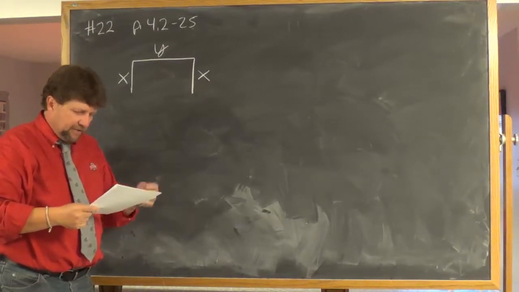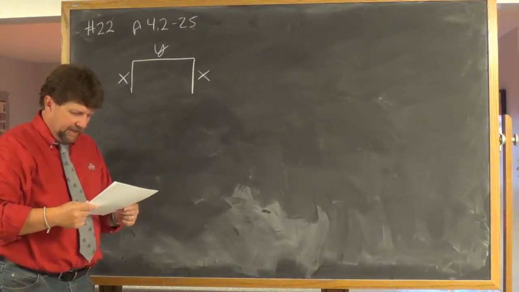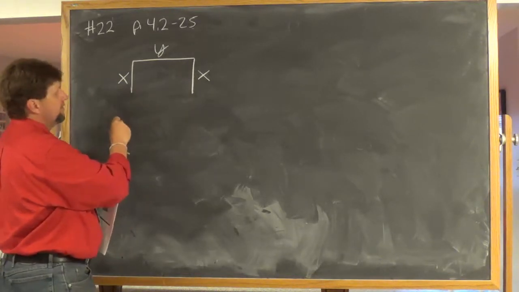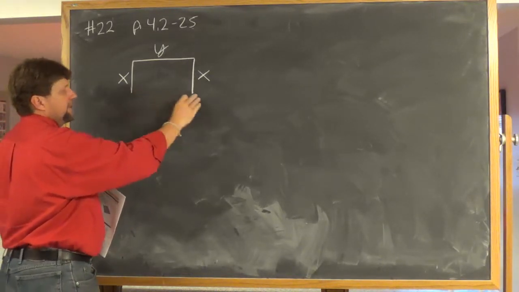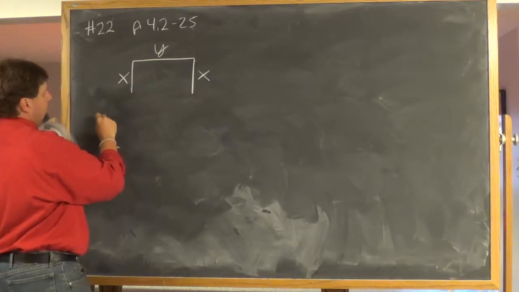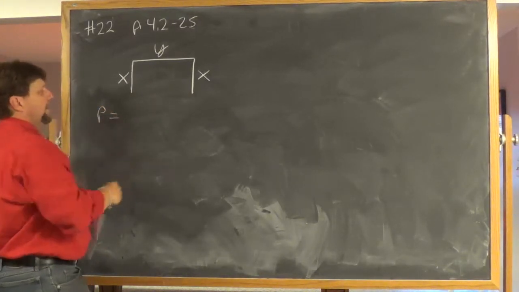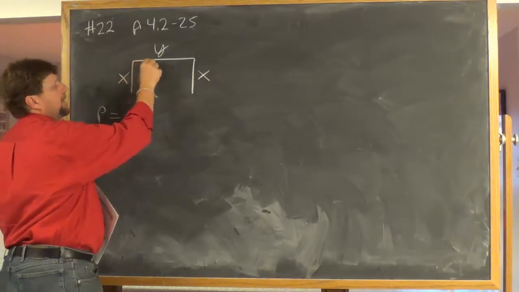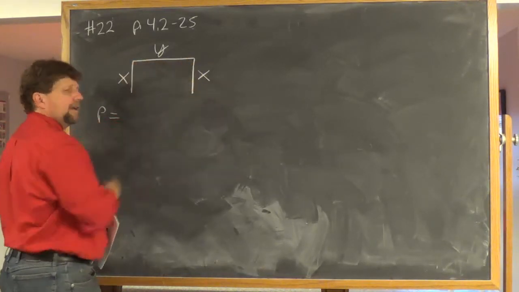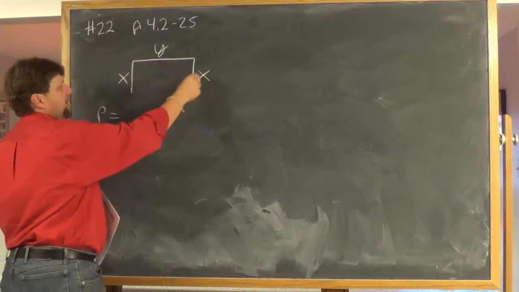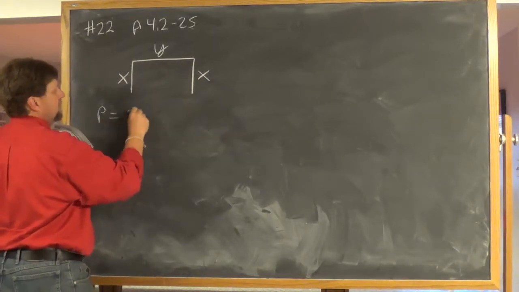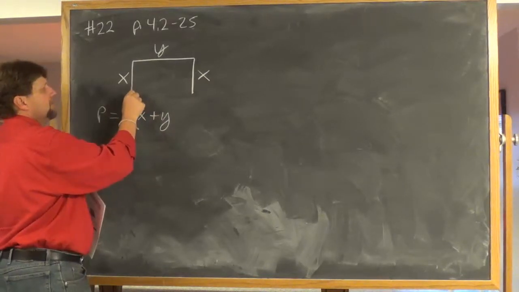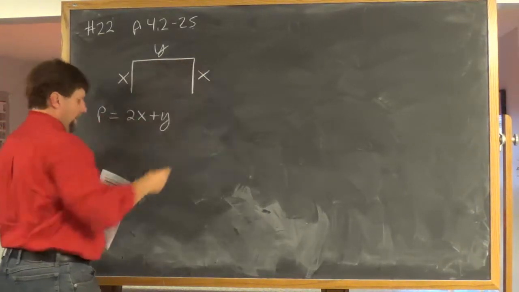Alright, now let's see what else is going on here with Jim and his parking lot. Well, let's look at the perimeter of his parking lot. Remember, there's no fence along the street. So the perimeter of his parking lot is x plus y plus x. Well, x plus x is 2x. So the amount of fencing he's going to use for the perimeter is 2x plus y.